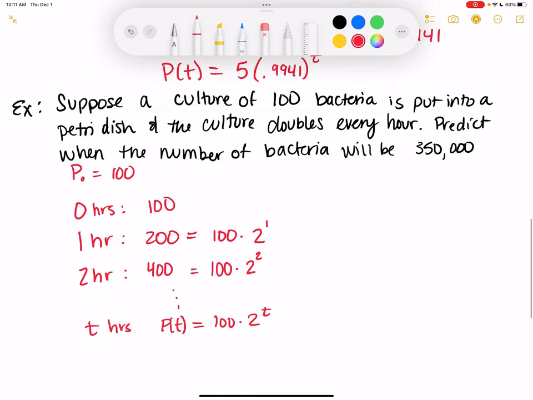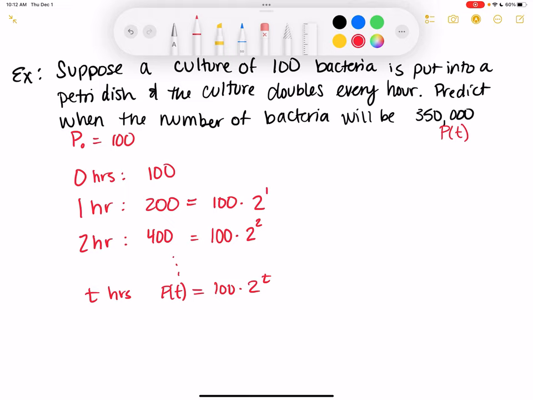But it wants to know, predict when the number of bacteria will be this. So it wants to know how many hours will have passed when you have this amount of bacteria. So that means that's our P of t value there. So we're going to do 350,000 is equal to 100 times 2 to the t.